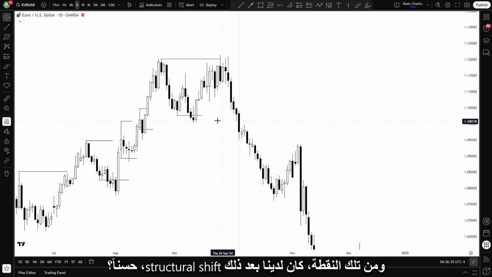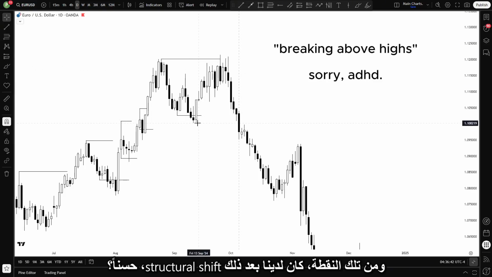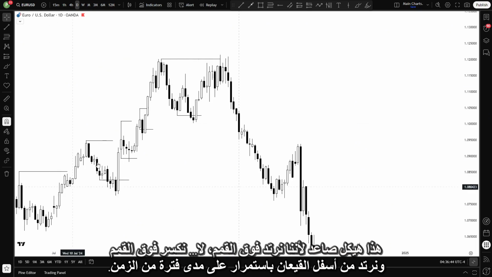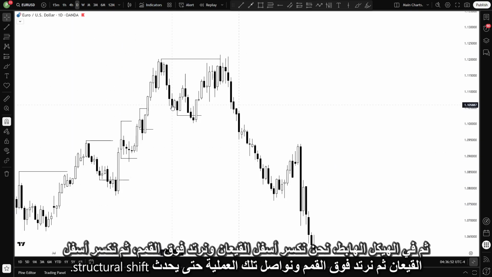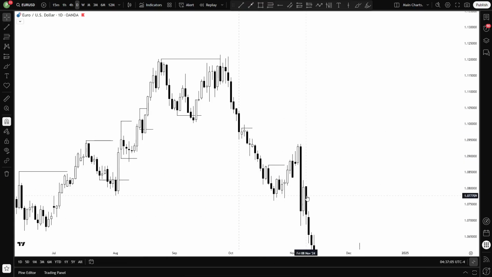And from that point on, we then had a structural shift, right? This is a bullish structure because we are breaking above highs and rejecting below lows consistently over a period of time. And then in the bearish structure, we are breaking below lows and rejecting above highs and then breaking below lows and then rejecting above highs and continuing that process until a structural shift happens, right?